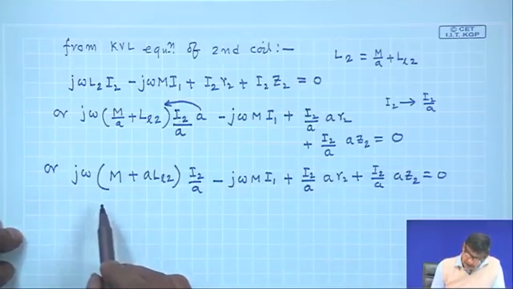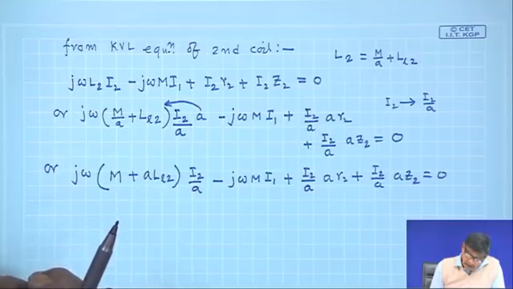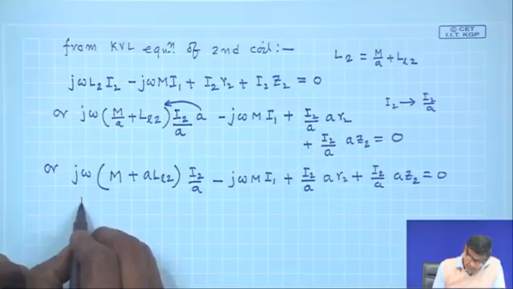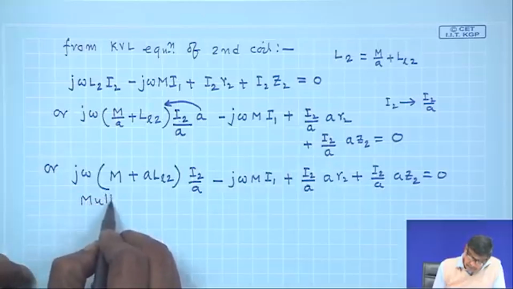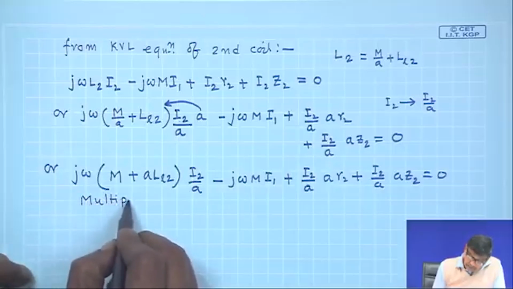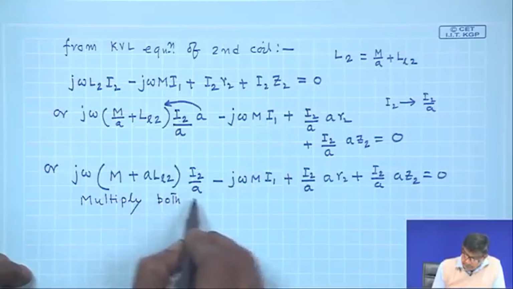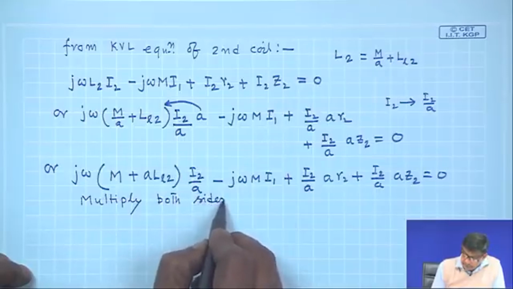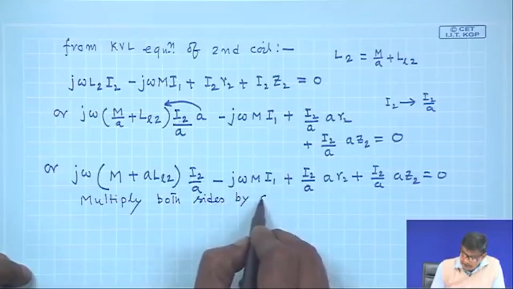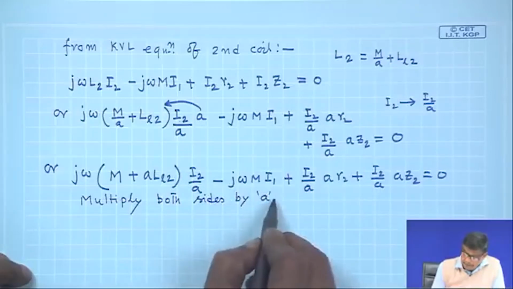Now, I will multiply both sides by turns ratio a.